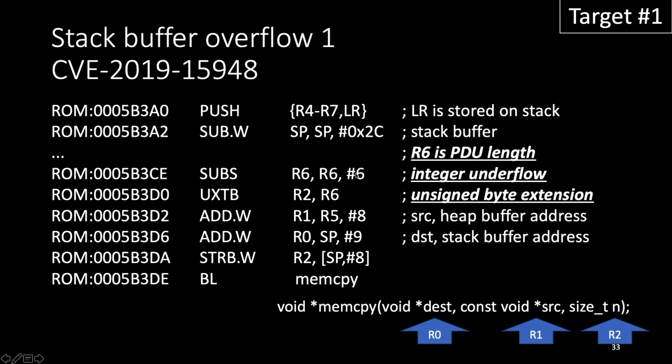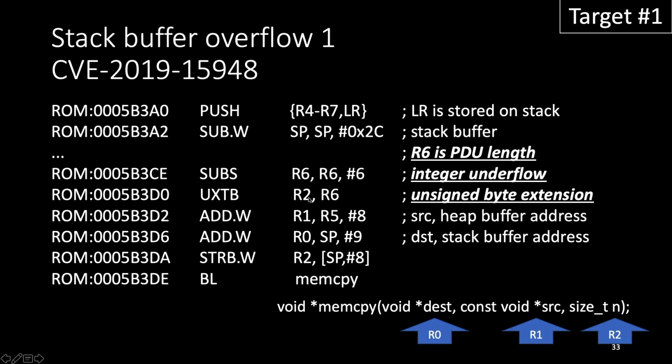Here, there is an integer underflow. If the R6 value is smaller than 6, R6 ends up becoming a really big number. But the next instruction is an unsigned byte extension, which means it will eliminate the 3 most significant bytes and leave only the least significant byte. I want you to remember this part, and I'm emphasizing it because when I talk about my DoS vulnerability, this instruction plays a big role.